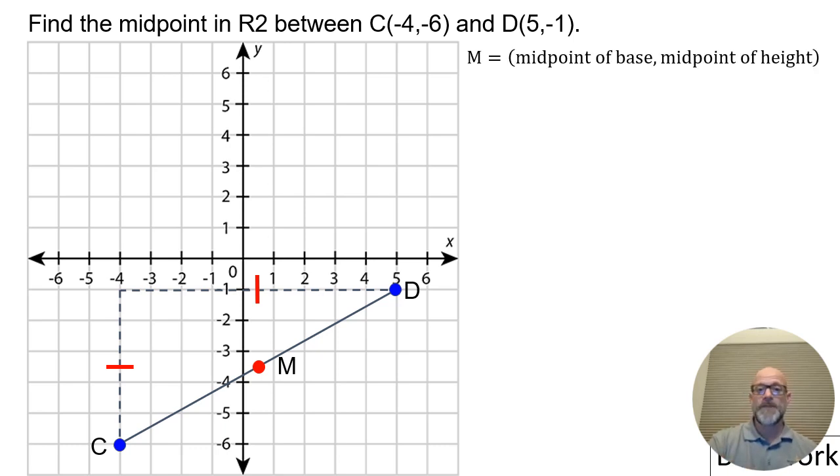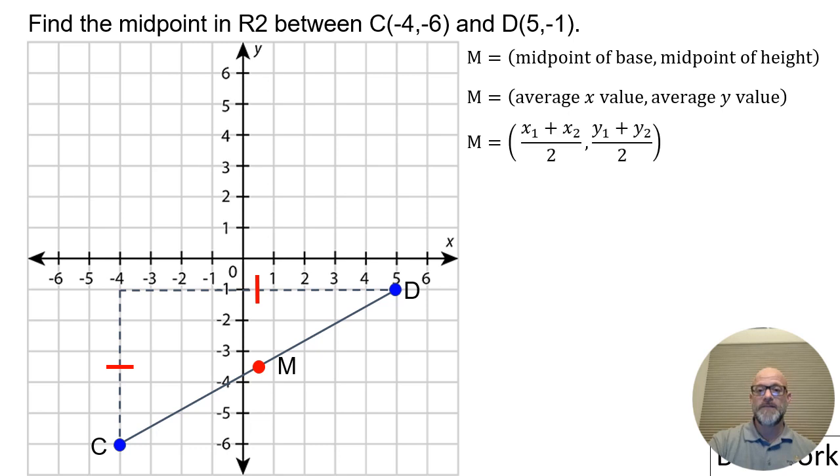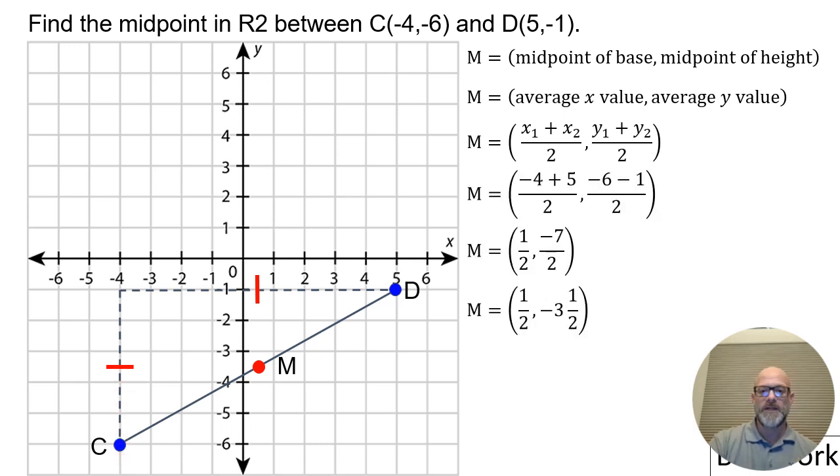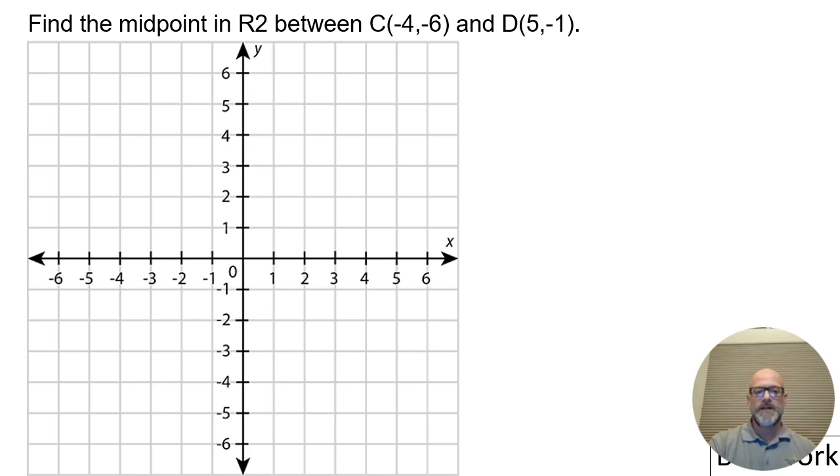Just like before, the midpoint of the base is going to be the average x value. The left endpoint plus the right endpoint divided by 2 gives me the midpoint of the base. Likewise, for the midpoint of the height, the bottom endpoint and the top endpoint divided by 2 is going to give me that midpoint. All right, so we just plug in these numbers, and we get those values.